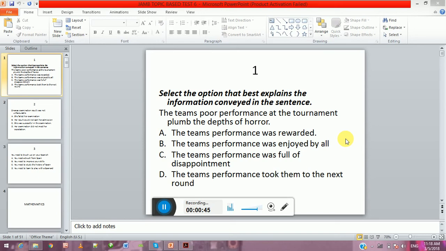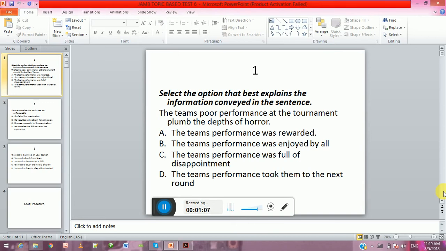A. The team's performance was rewarded. B. The team's performance was enjoyed by all. C. The team's performance was full of disappointment. D. The team's performance took them to the next round. So choose the one that best explains the information conveyed in the sentence.